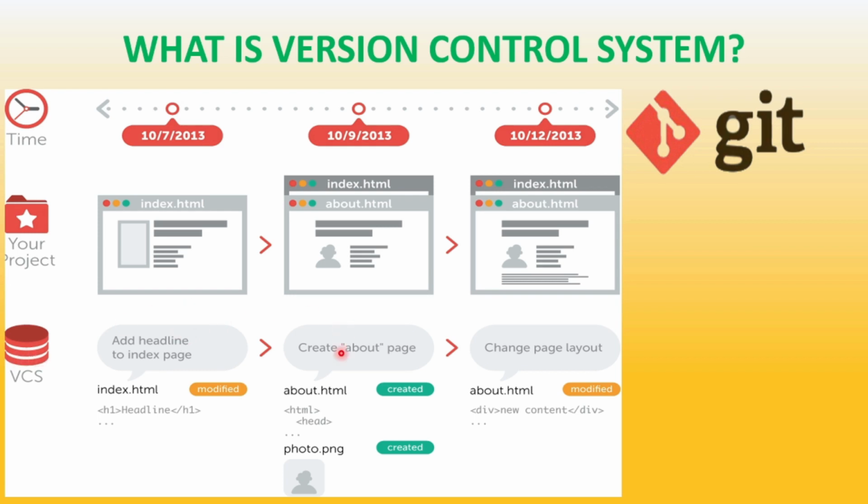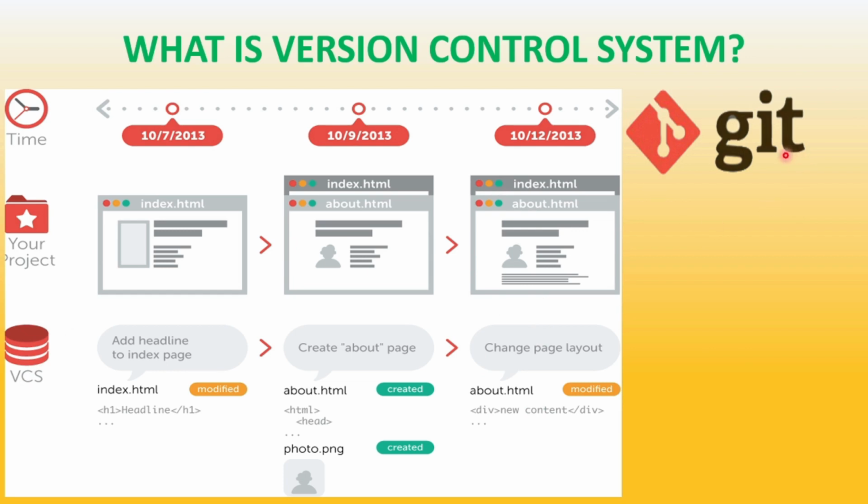Every snapshot is considered a version. This snapshot is one version, and this snapshot is another version. Then on the 10th of December, you changed some content of about.html. Whatever changes you made after 2 months will also be saved as one snapshot inside this version control system. And which version control system is mostly used?